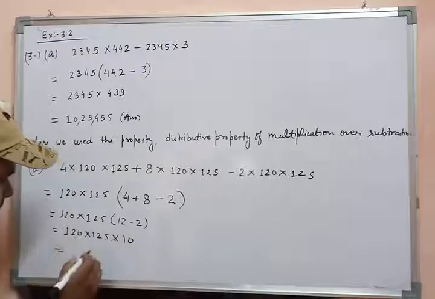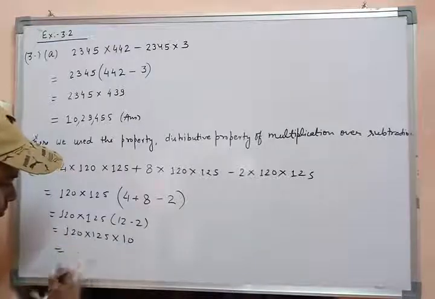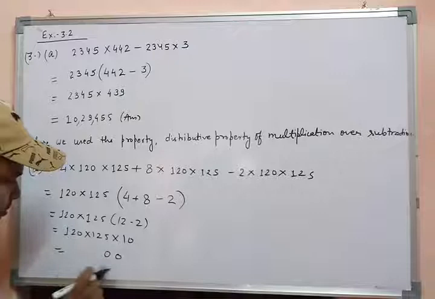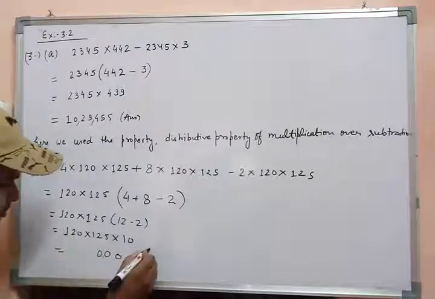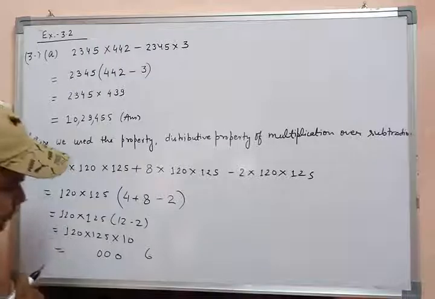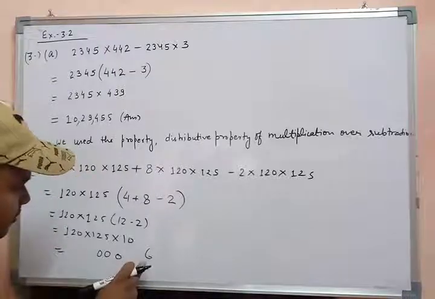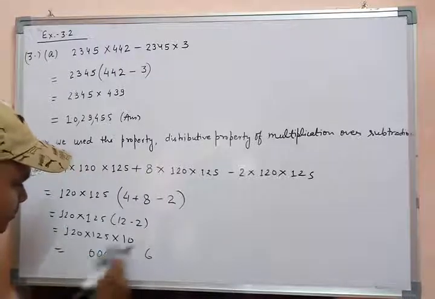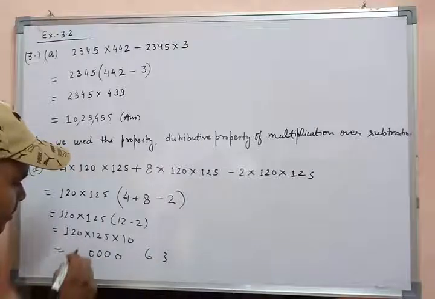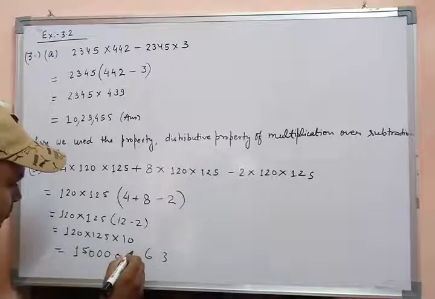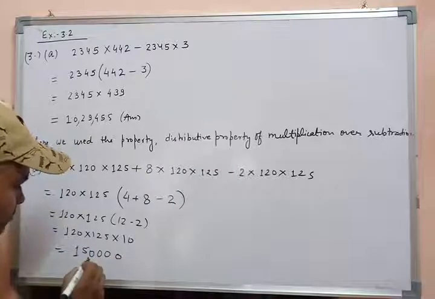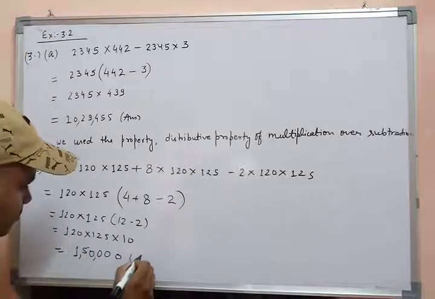Here we write 0 and now multiply 12. 12 times 5 is 60, 6 carry, 12 times 2 is 24, 24 and 6 is 30, 3 carry, and 12 times 1 is 12, and 3 is 15. So this is the answer, 1,50,000.